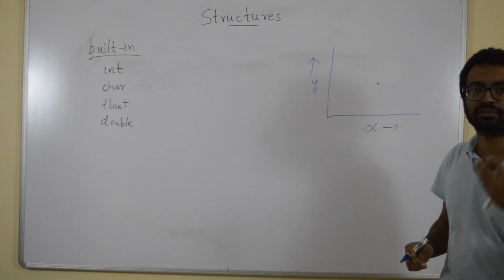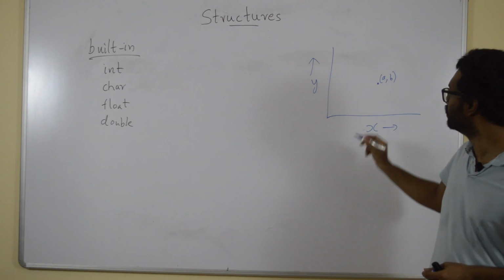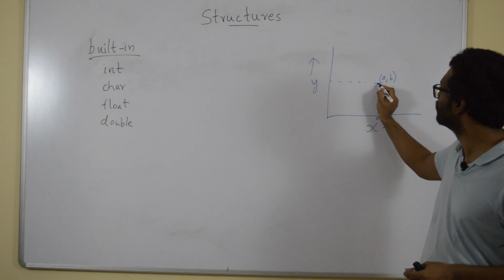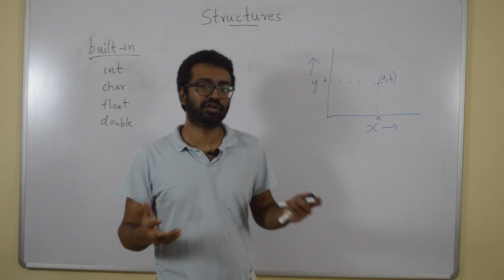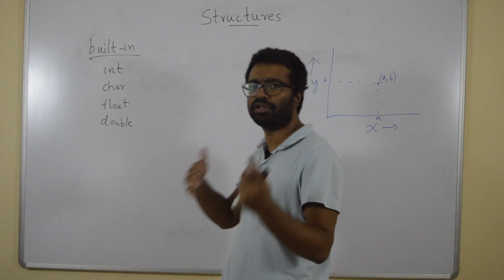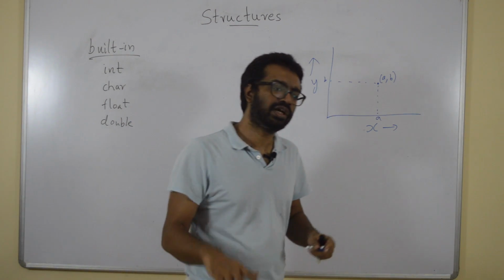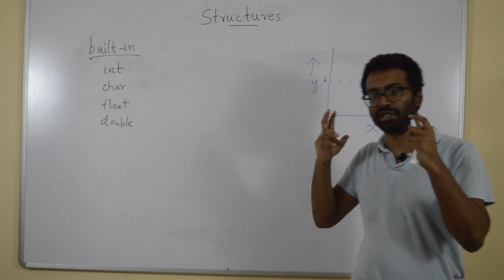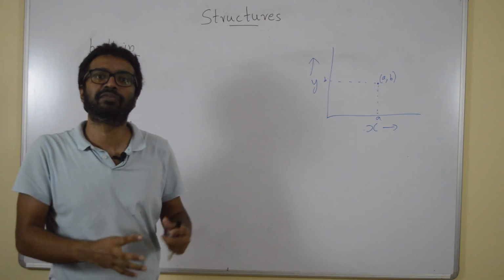The X coordinate and the Y coordinate. You can think of it as a vector AB, a two-dimensional vector AB, or you can think of it as a point in a 2D plane. Now, this is a data type we are interested in. We are interested in manipulating a vector of the following type, a two-dimensional vector. And this is a primitive data type we are interested in.